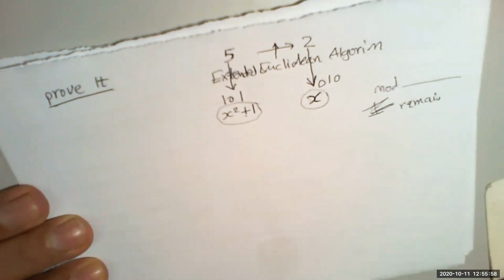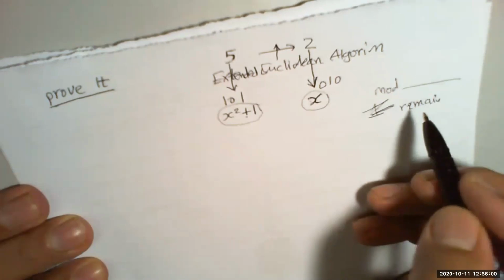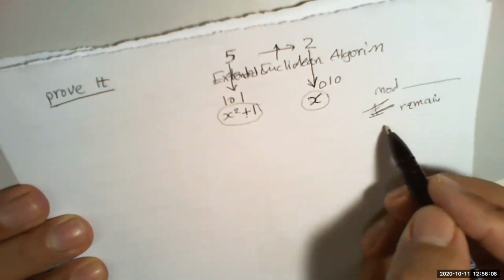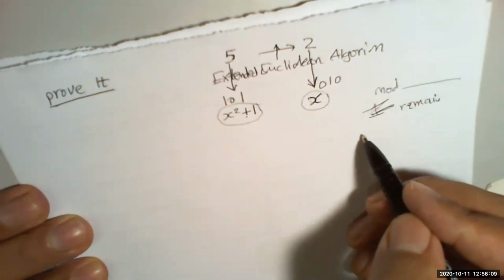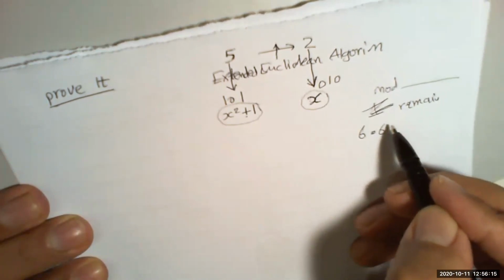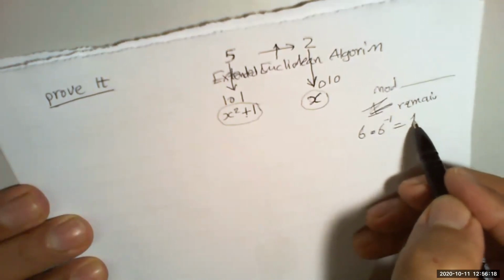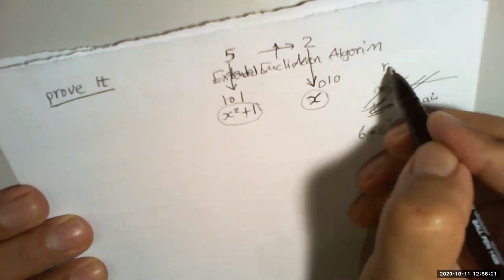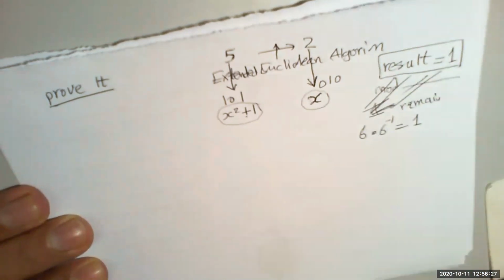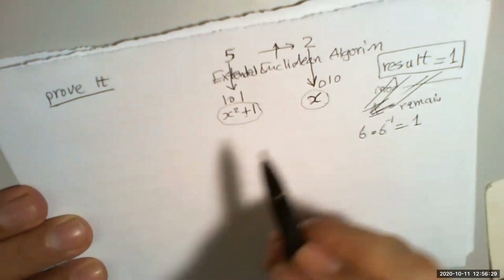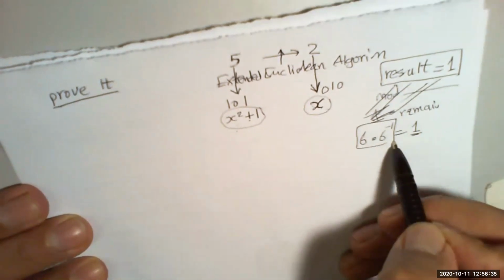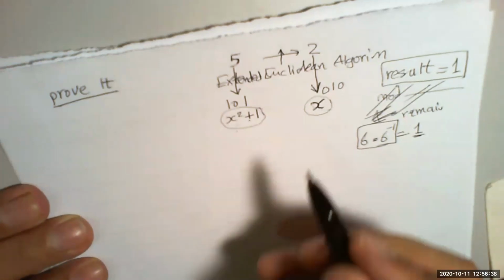If I think about anything that has an inverse, for example 6, the inverse of 6 is 6, and the result will be 1. The result should be 1. If I have a result of 1, this means this multiplication is true. I have to multiply this by that and get a result of 1, as we do here in normal numbers. Let's multiply it.